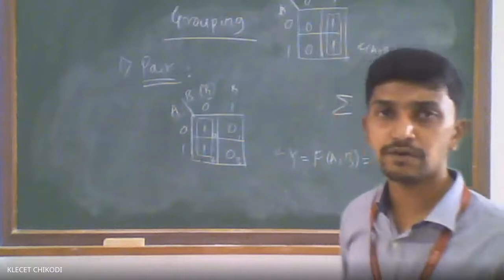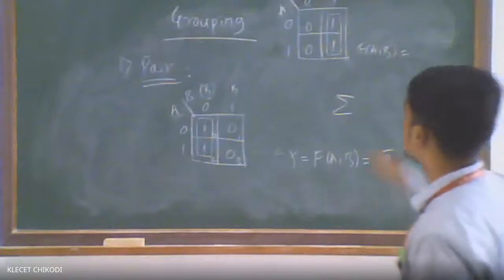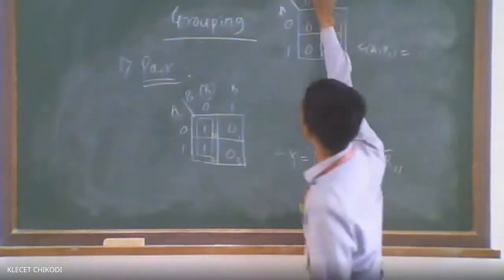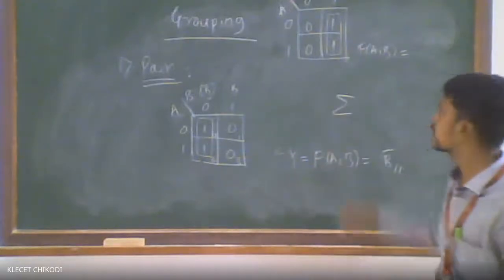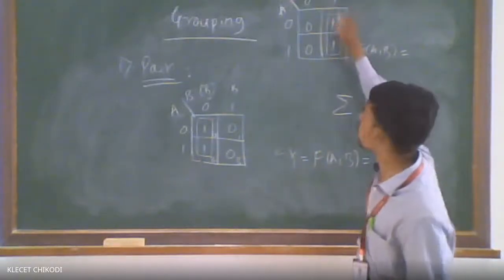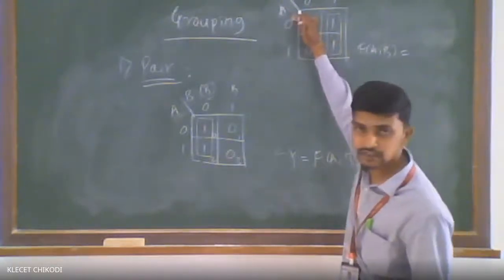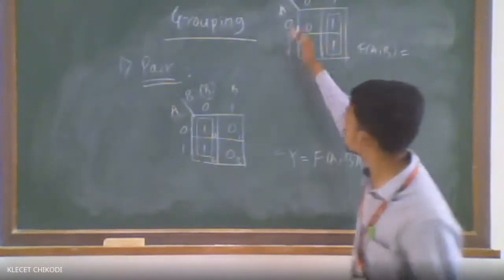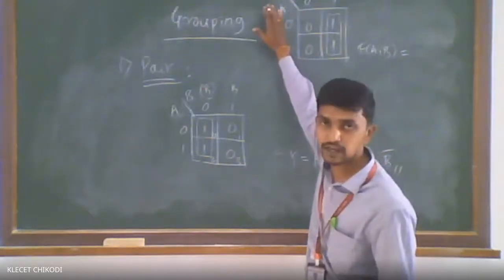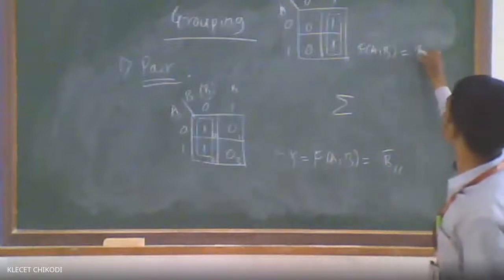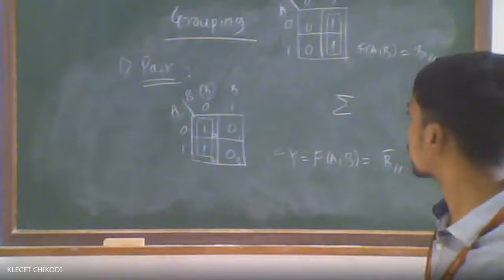F of AB is equal to, anybody? It will be B, since this 0 belongs to B bar and this belongs to B, so we take the respective column value. We are not considering A because the A value is changing from 0 to 1 or 1 to 0. So the minimized Boolean expression will be B here.